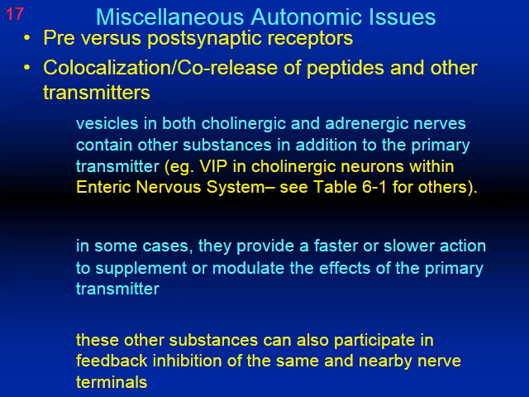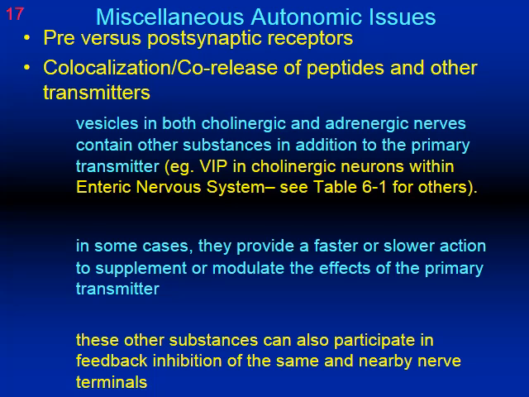But be they cholinergic or adrenergic, there's often in the gut other things in those vesicles. Those other things are signaling molecules or peptides. There is a picture in your book which I haven't shown you, but if you look at it, there's a lot of signaling molecules in the gut that help it move better, peristalsis, or that help it not move as well, which we would call constipation, right?